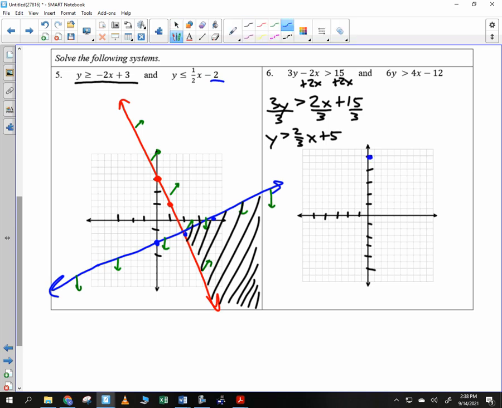So I plot positive 5. Instead of going up 2 and over 3, I'm going to go down 2 and back 3. Just try to pick up my point there. It says y is greater than, so I would shade above.